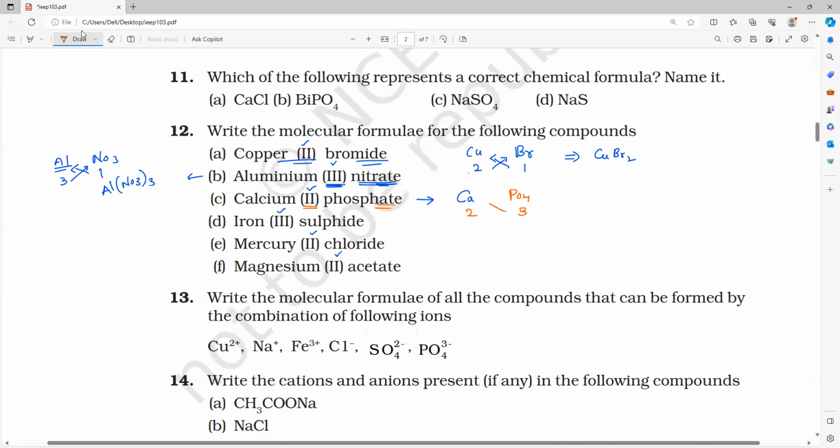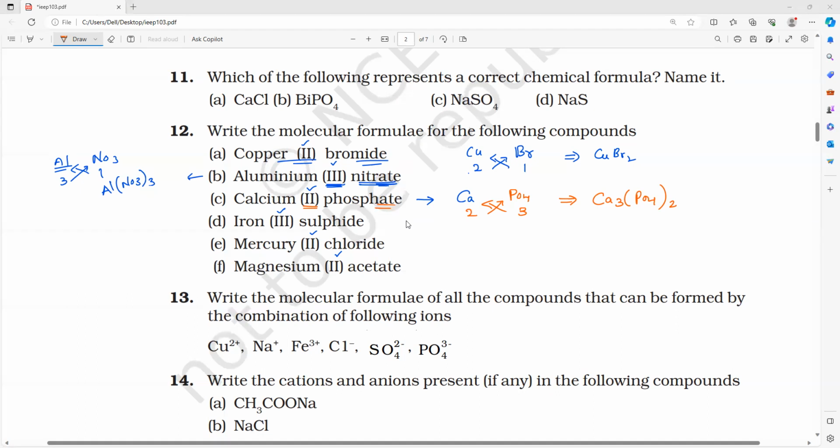Phosphate valency is 3. So if you do the crisscross, we'll get Ca3(PO4)2. Very important formula. Calcium 2 phosphate, note it, everybody. Ca3(PO4)2. Do it.